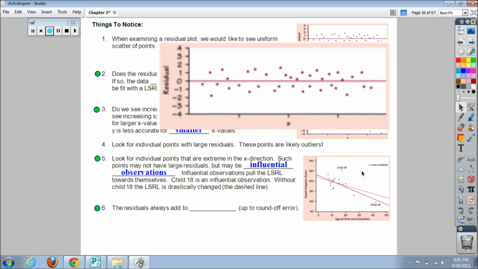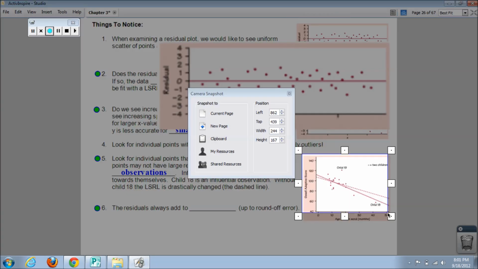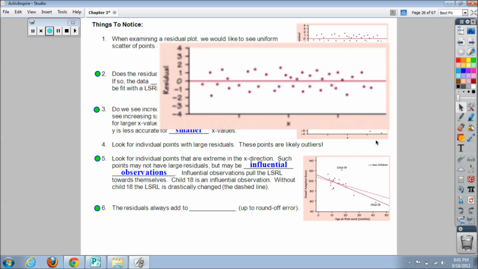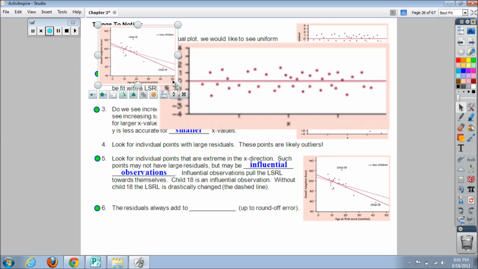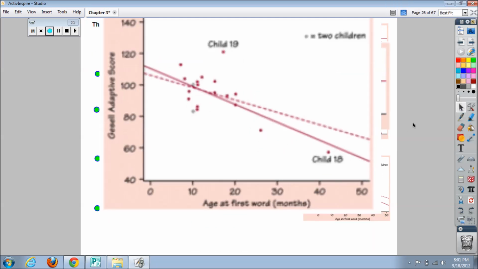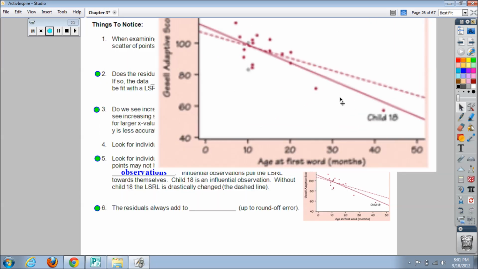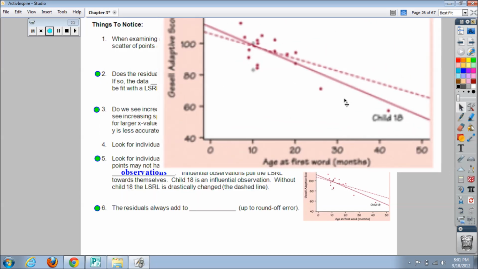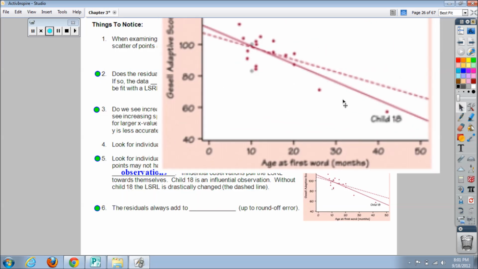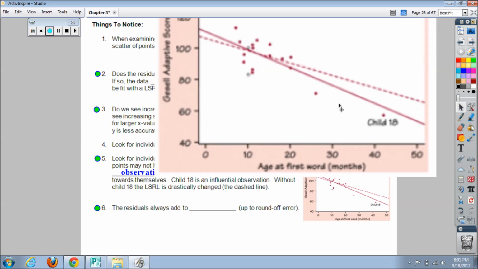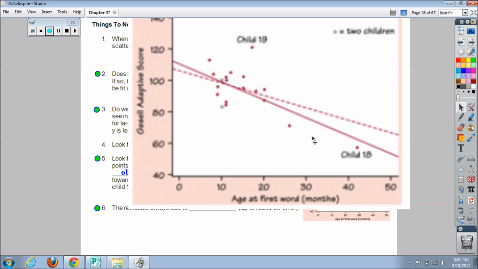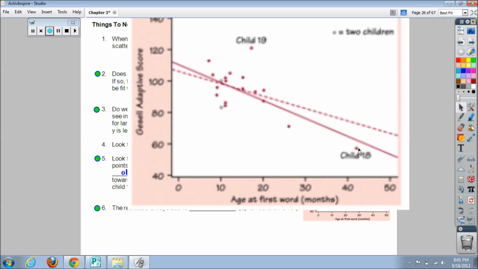Okay, so let me show you this example here. Child 18 is an influential observation. Without child 18, the least squares regression line is drastically changed. At first, when we had child 18 in here, this was our 42-month-old kid right here.